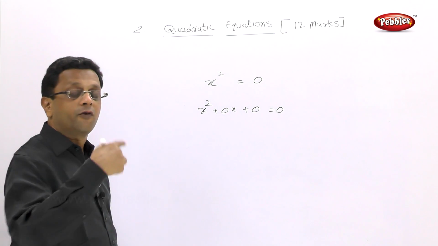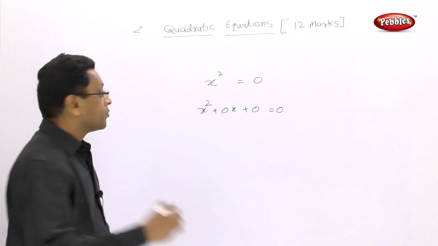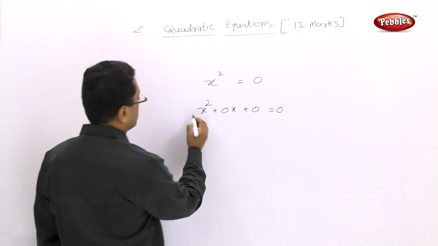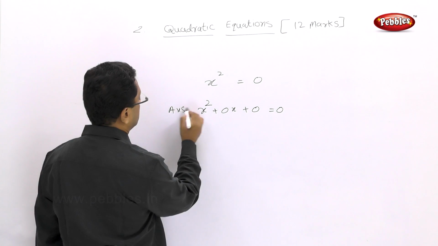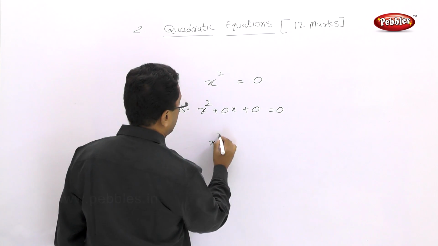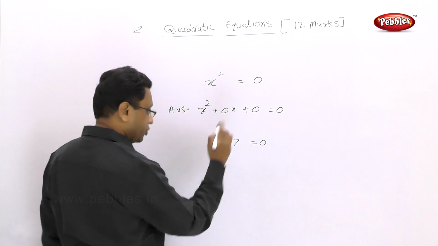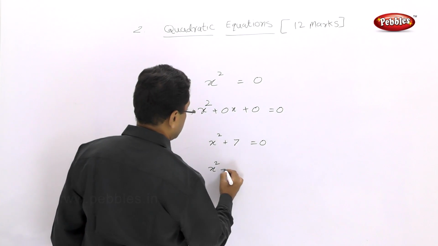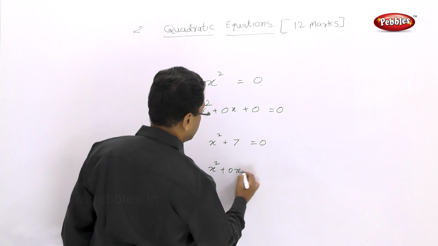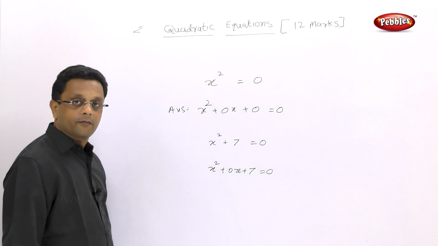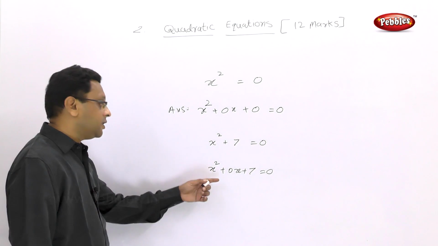This is a standard form of quadratic equation. If you have x square plus 7 equal to 0, say, you should write x square plus 0x plus 7 equal to 0. This is a standard form.